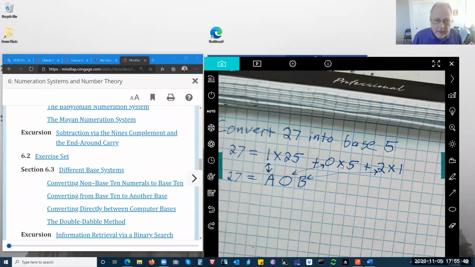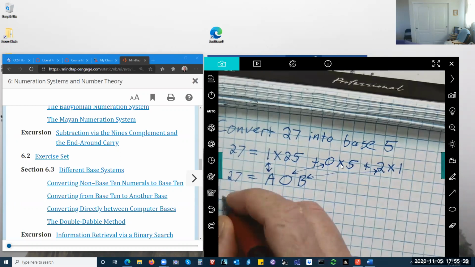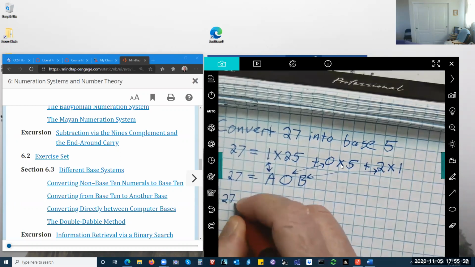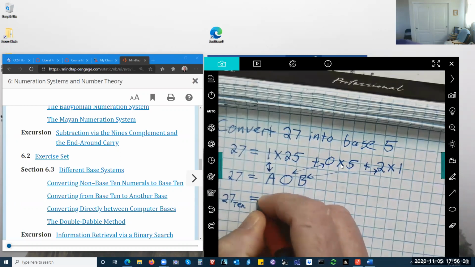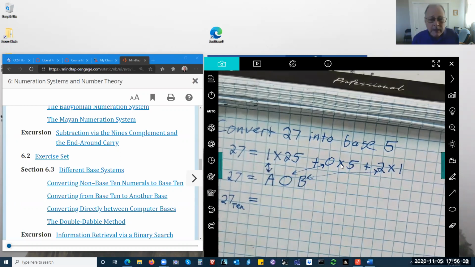Now there's this notation that your book uses. They'll add the word 10 as a subscript there, so you know what base it's in.